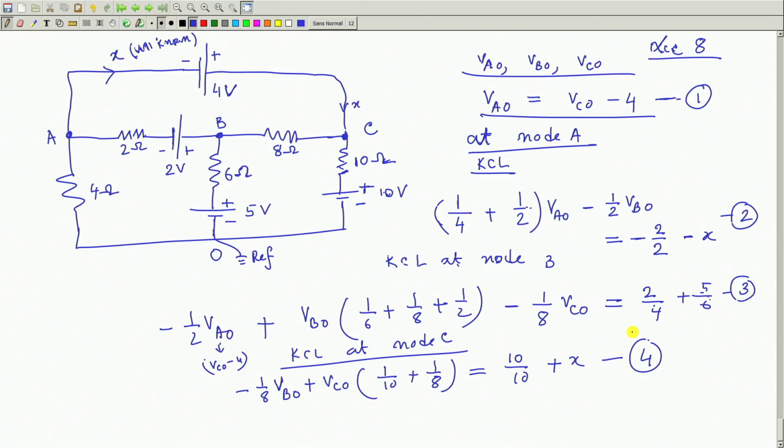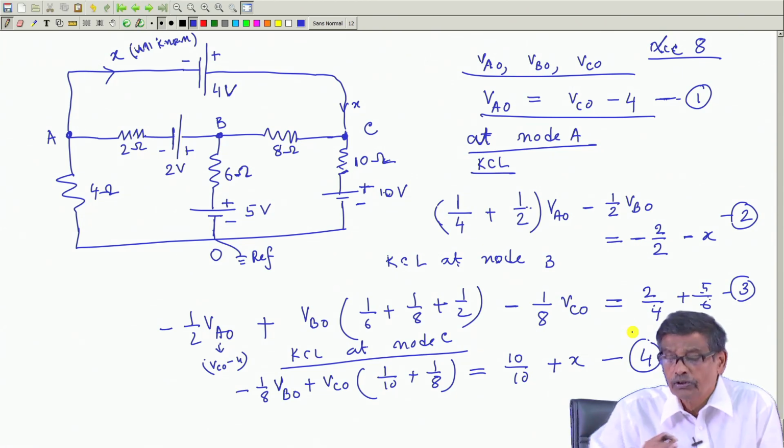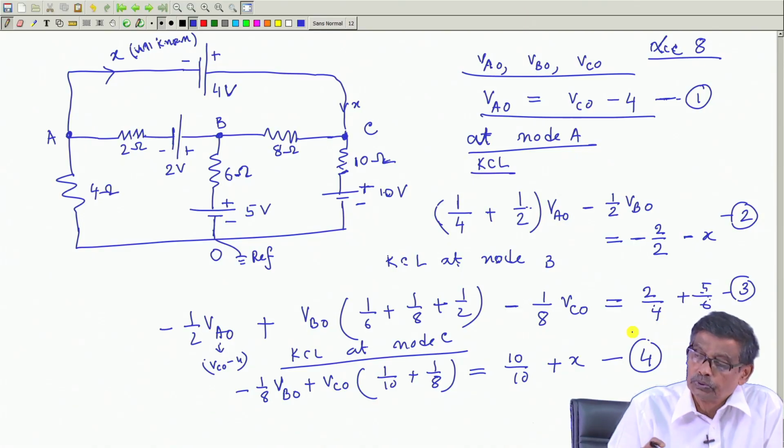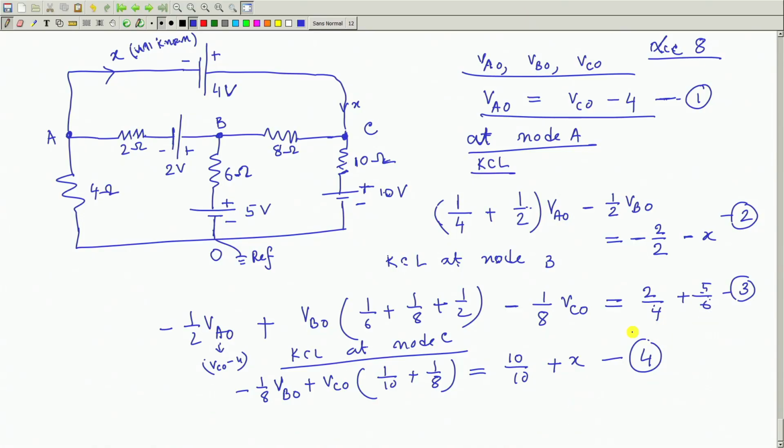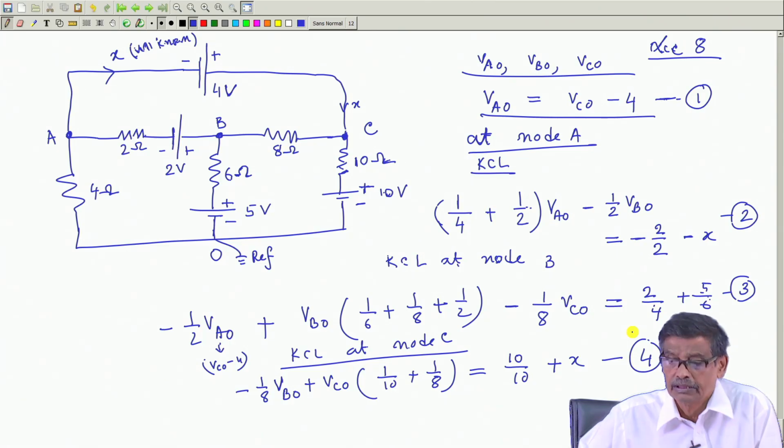So, in summary, what I am telling is that to solve this network by the nodal method, it is always better to choose O not as a reference, because then the number of equations to be solved becomes 4. In general, as I told you, in the nodal method you have to solve n minus 1 equations.